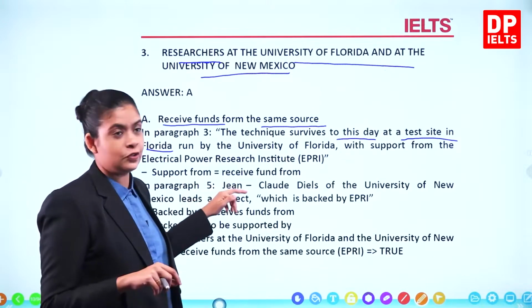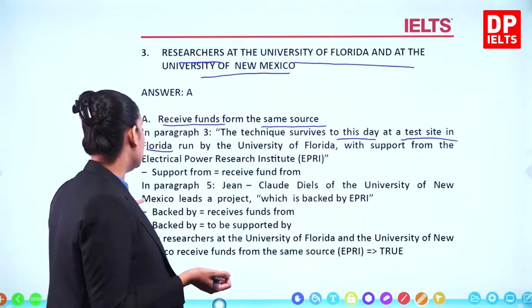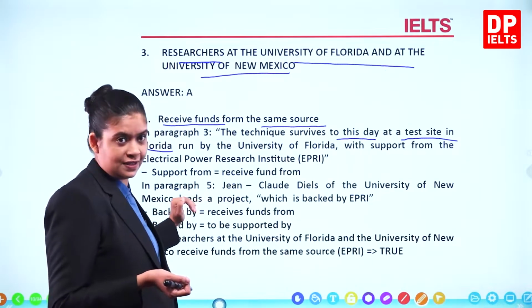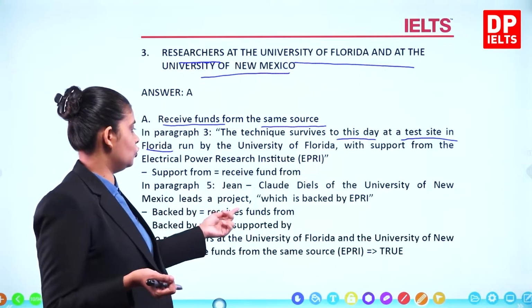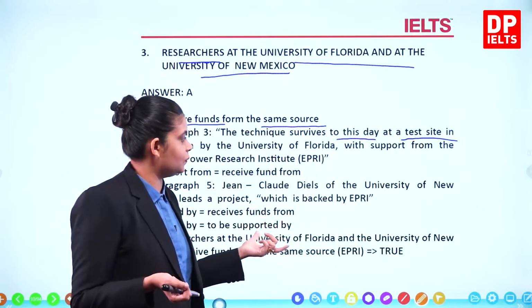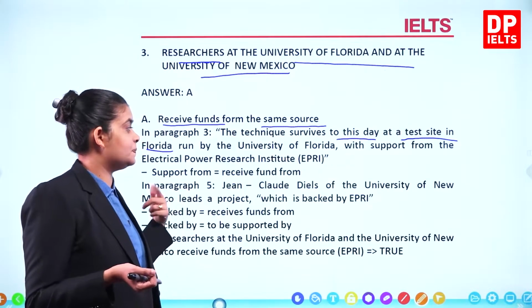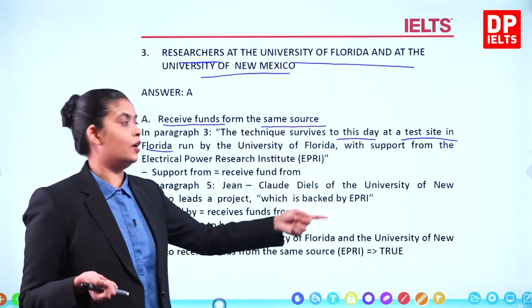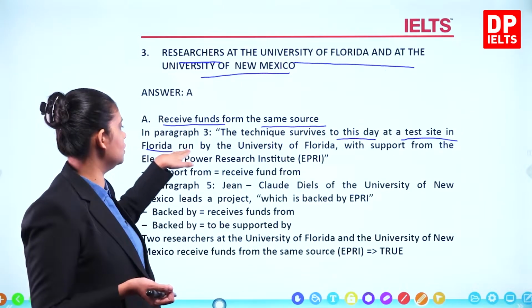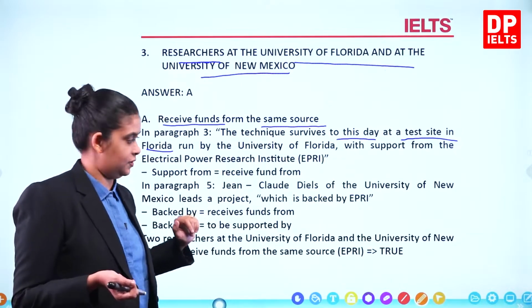Support from means you receive funds, and when you go to para 5, it says, John Claude Diels of the University of New Mexico leads a project which is backed by EPRI. So, what is EPRI? Electrical Power Research Institute.